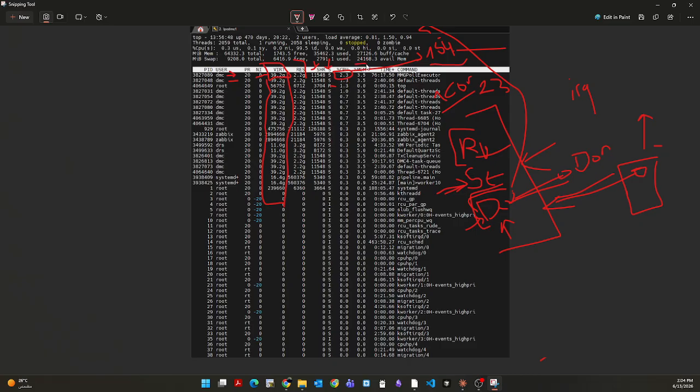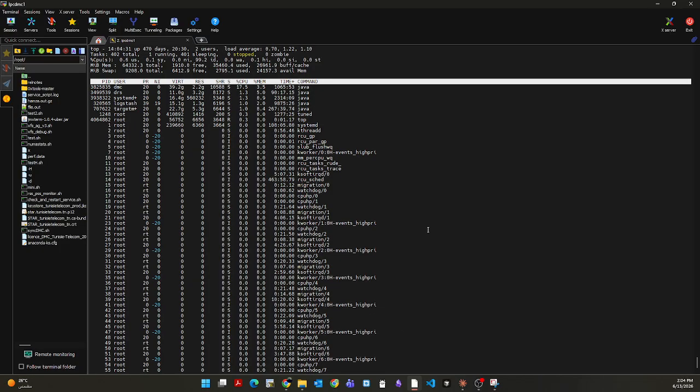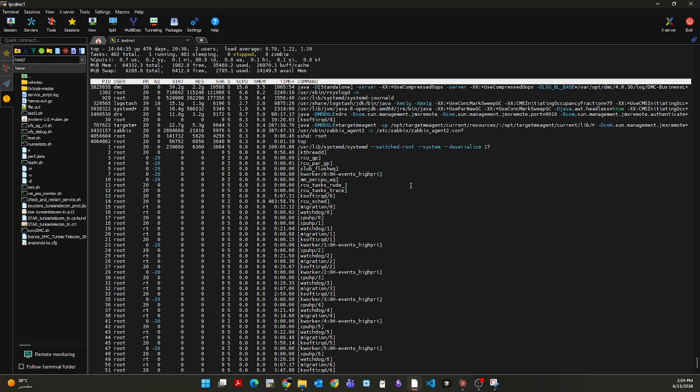The memory is just the memory percentage, and this one is just the command that is running this process. Let me show you. You can go here and press C. As you can see, the full command. But this one is not interesting to me.